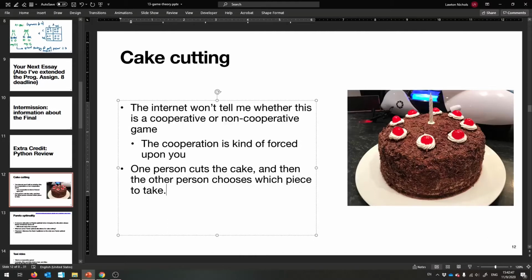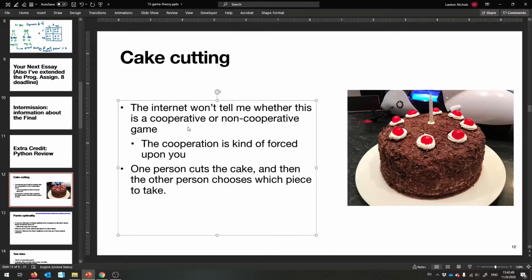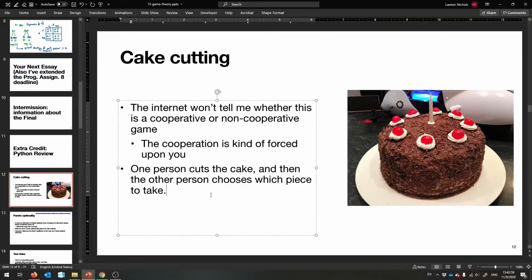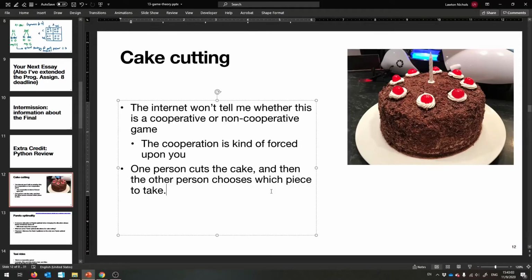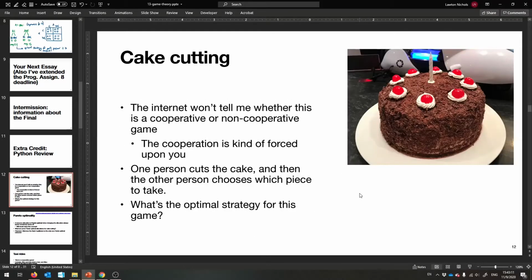Maybe your parents made you do that so that you weren't stealing cake for yourself. But this is a game. We can think about it as a game. And what is the optimal strategy for this game? Surely if you played it, you have learned the strategy.